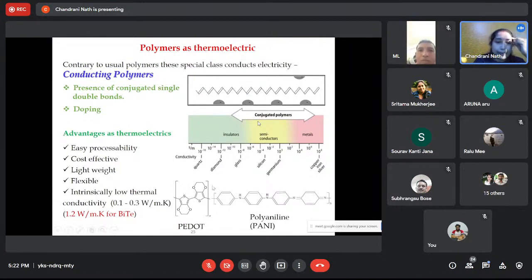As I've already said earlier, ZT needs low thermal conductivity. So these polymers are very interesting. Why? Because these polymers can be tuned. This usually comes in the semiconductor range, and since these have intrinsically low thermal conductivity, these polymers can have important implications as possible thermoelectric materials.